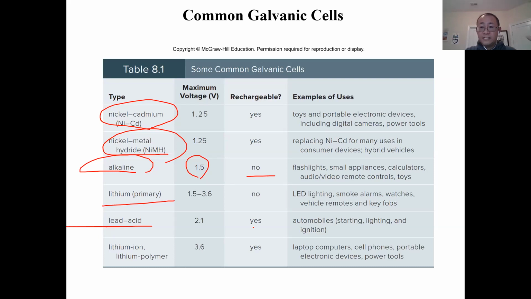The big box we replace is a lead acid battery, actually composed of six lead acid cells. And finally, lithium ion or lithium polymer cells. The voltage is 3.6, and they're more and more popularly used in laptops, cell phones, and other electronic devices. You're holding lithium ion batteries or lithium polymer batteries.